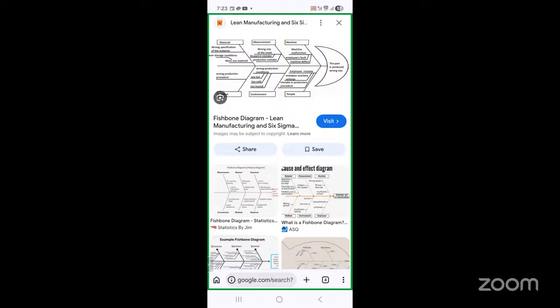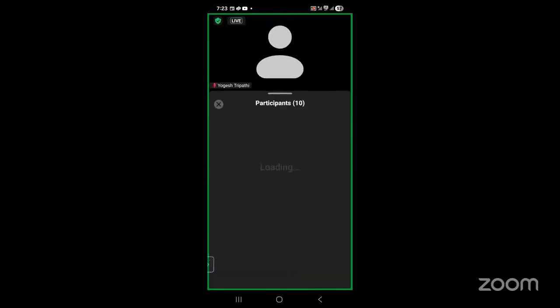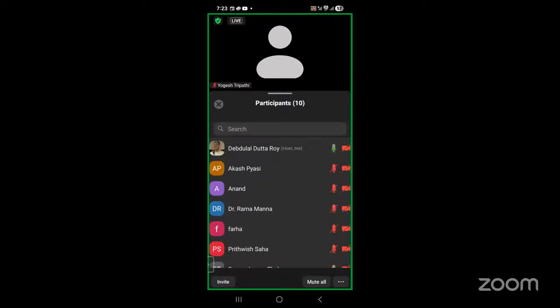So please you write down the formula. Have you written the formula? Jogesh? The formula, Akash?